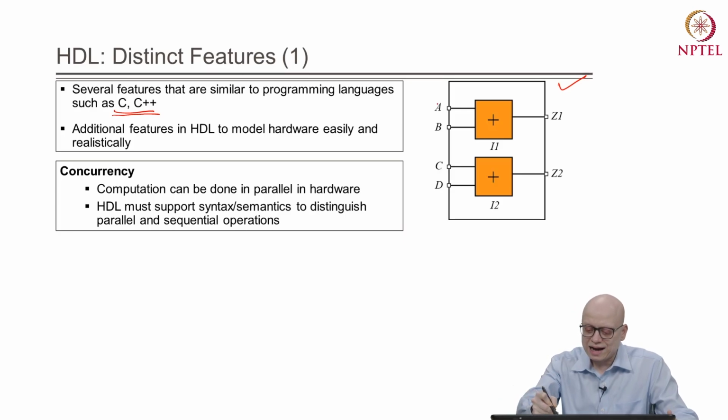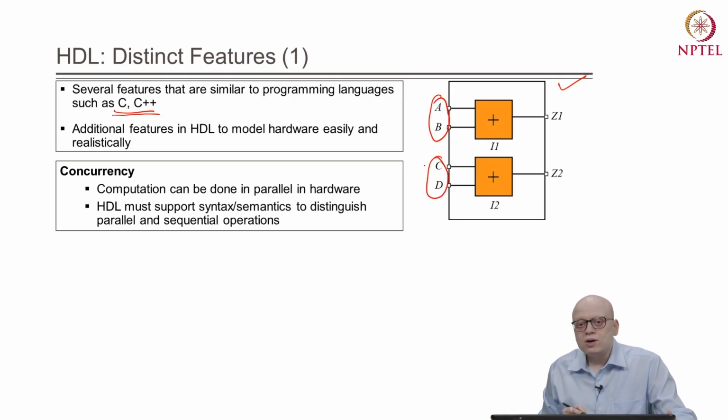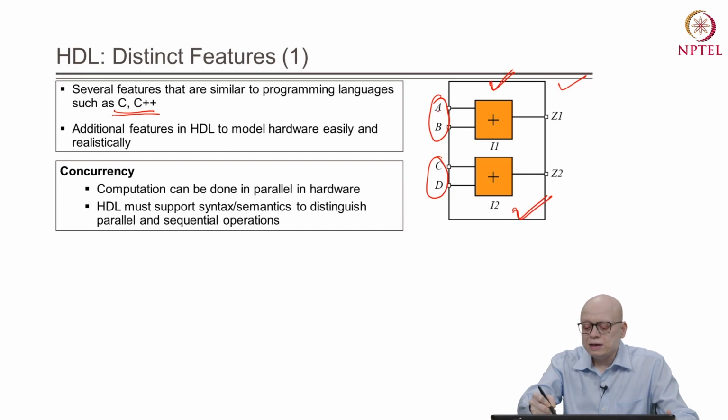The first one is adding A plus B, while the other one is adding C plus D. Now, these two hardware components can work in parallel, meaning that while A is changing, the first adder will produce a result and Z1 will be produced, while if one of the inputs out of C and D is changing, at the same time the other adder will also produce the correct output in parallel or concurrently.